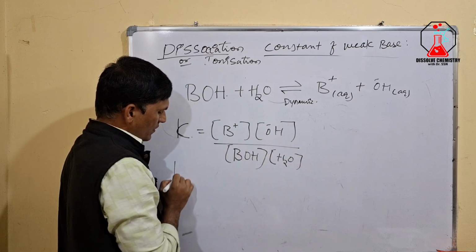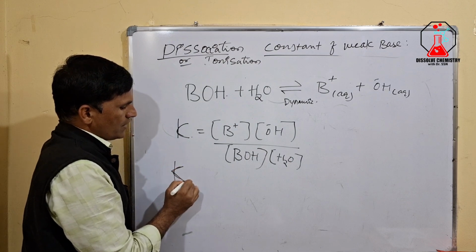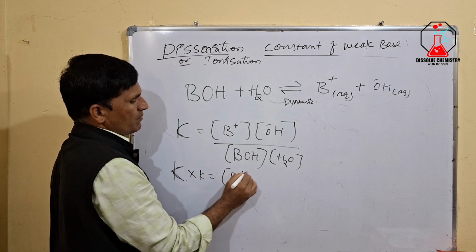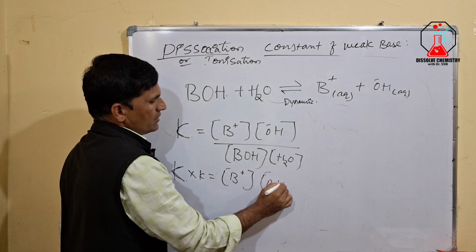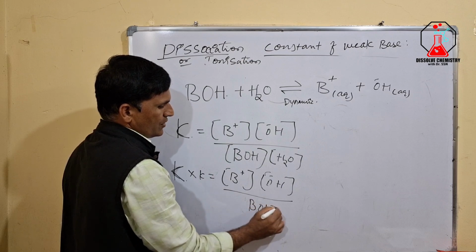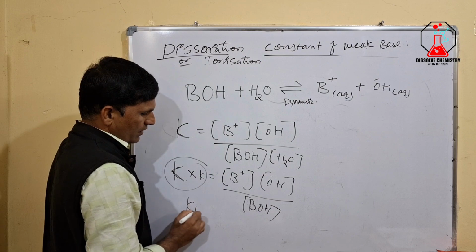You take the water as constant, so the equilibrium constant K into small k is equal to B plus OH minus divided by BOH.